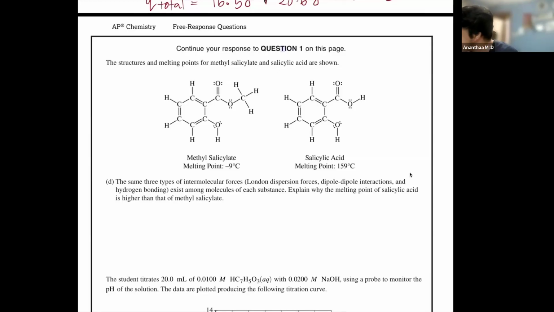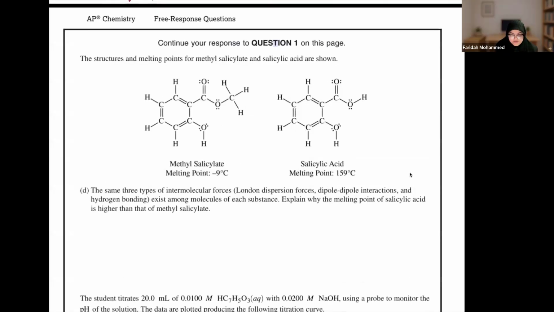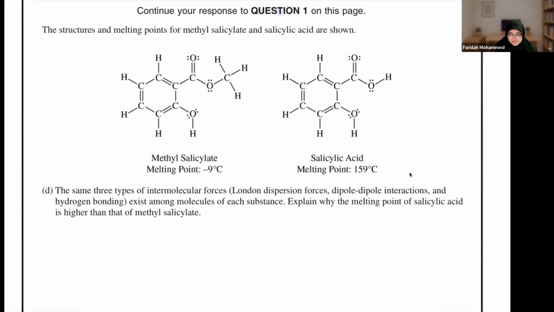The best thing is not to mention how many hydrogen bonds, because you guys are going to be confused. So you cannot say there are two hydrogen bonds. Each of these parts can form three hydrogen bonds.